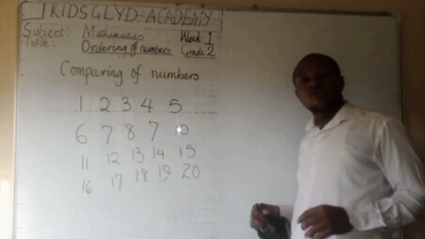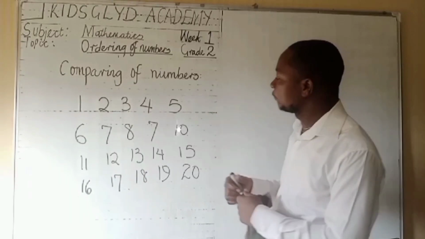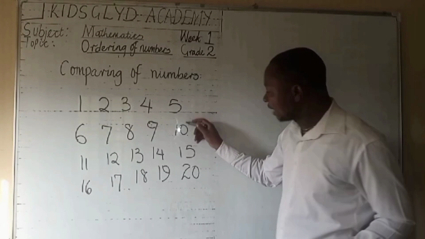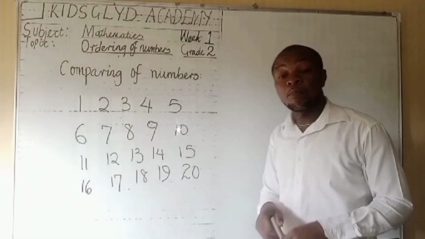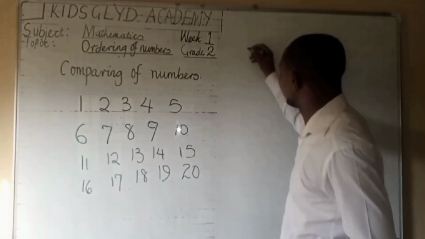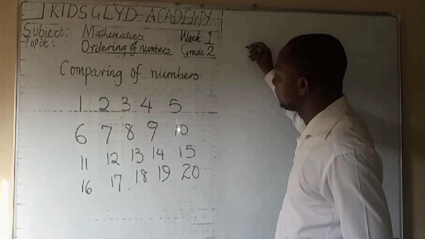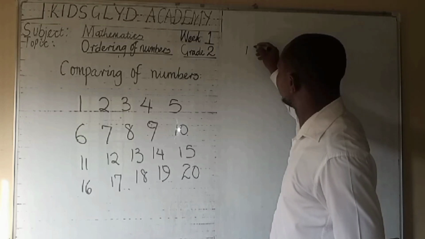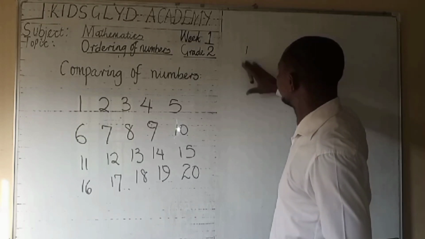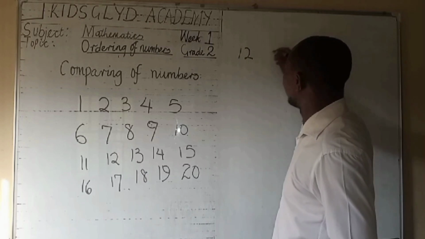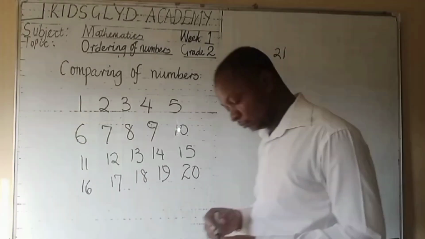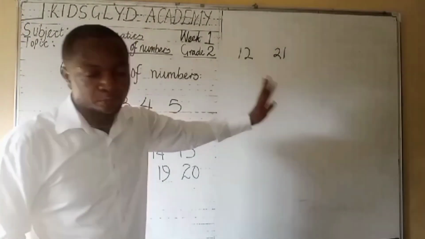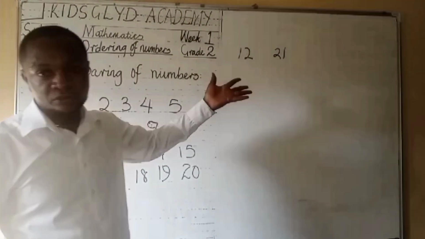Now, in 2-digit numbers, just like from 10 to 20, if you want to compare numbers, for example, let's say 12 and 21. There are two numbers forming two groups, but taking different positions.